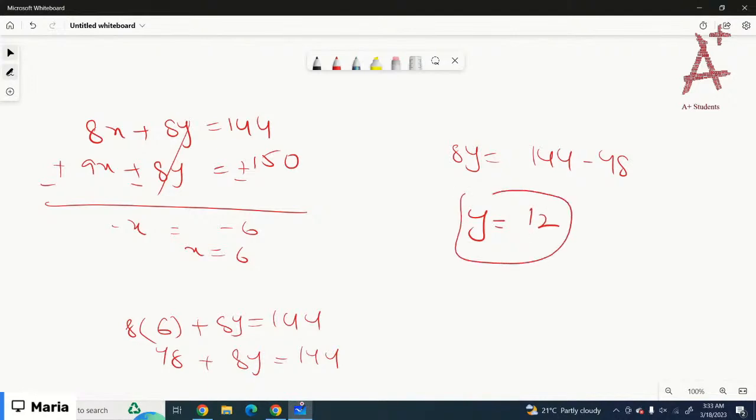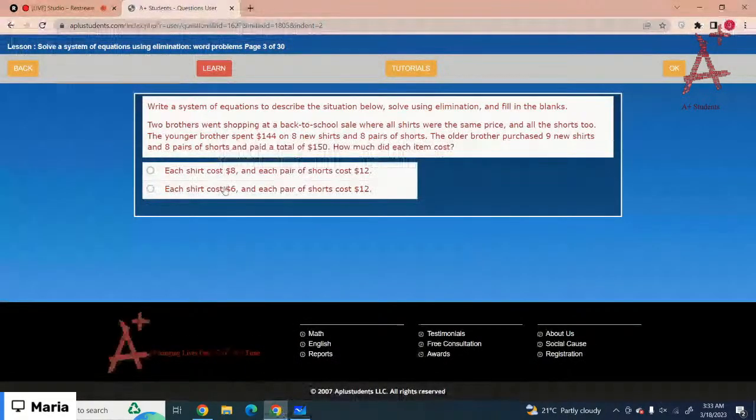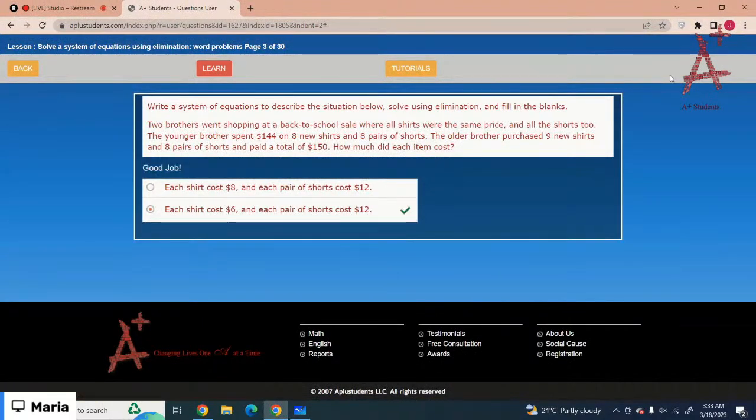So the correct option is x equals 6 and y equals 12. Each shirt cost $6 and each pair of shorts cost $12.